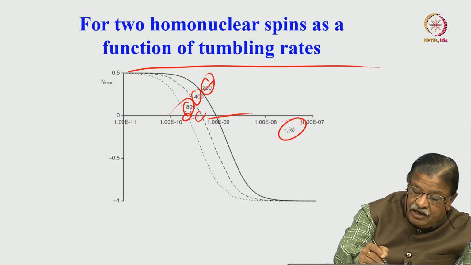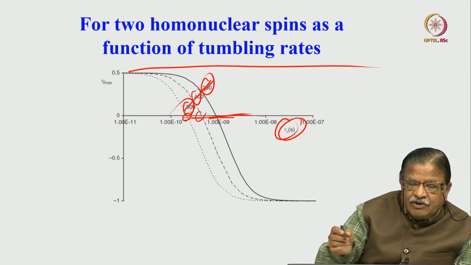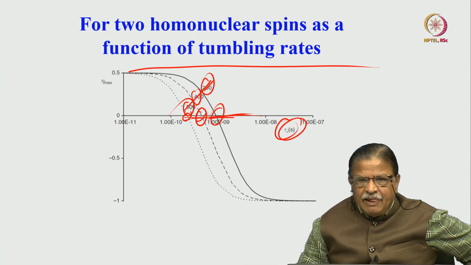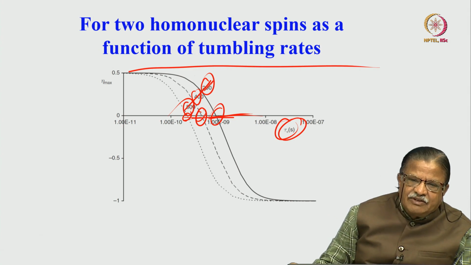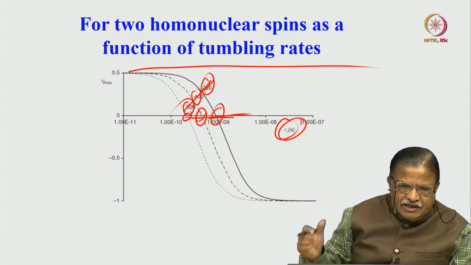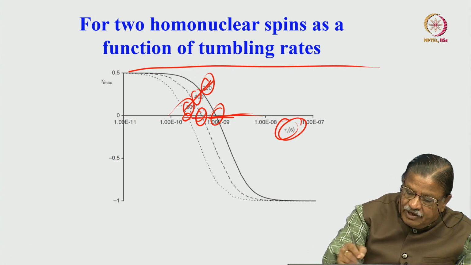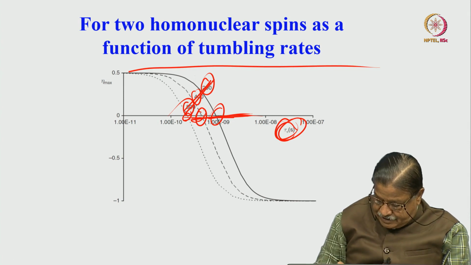For a given molecule tau c is kept constant and the Larmor frequency is varied. As a consequence, the zero crossing position is shifting with the different Larmor frequency. This is what is expected because the factor omega tau c is a multiplying factor. So omega tau c matters when tau c is changing like this, because omega is also getting changed.